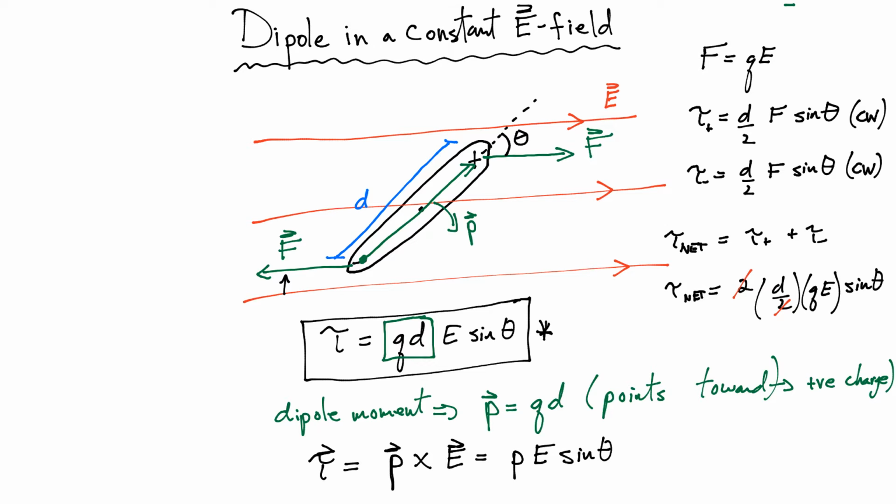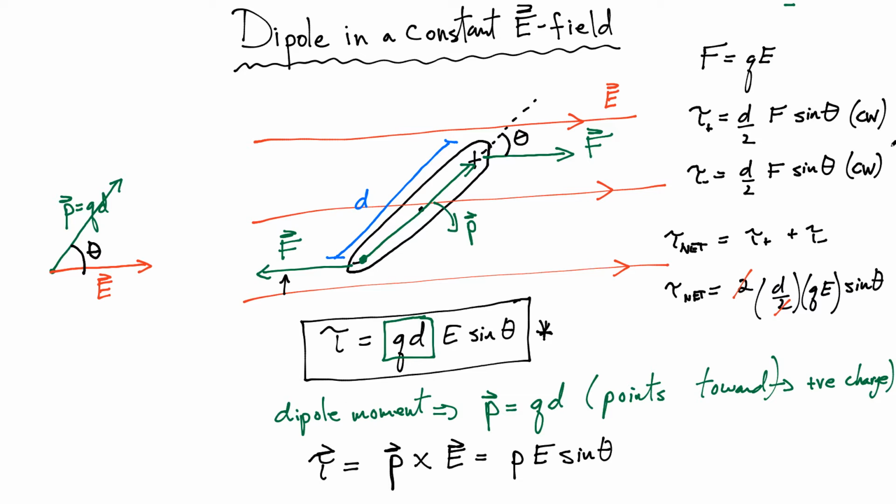In this specific case, let me draw the vectors on the side here. We have our dipole moment vector P, which has a magnitude of the charge times the distance between the two. Our vector E is in this direction. That's the direction of the electric field. The angle theta that goes into our torque equation is the angle between the dipole moment vector and the electric field vector.